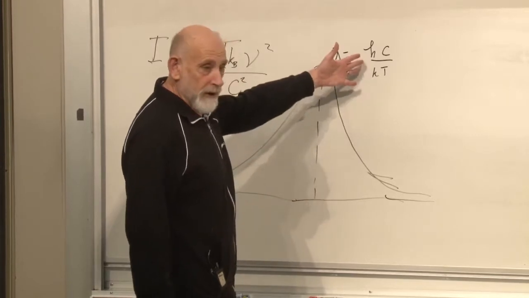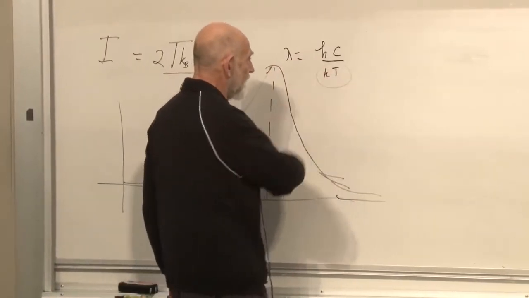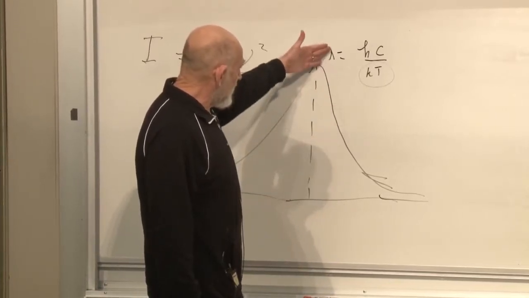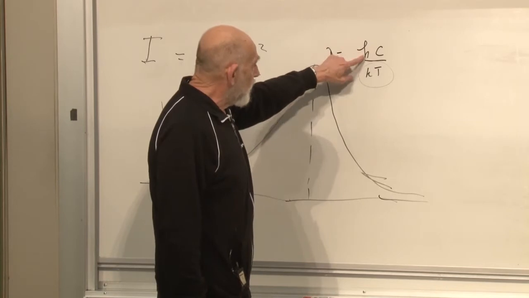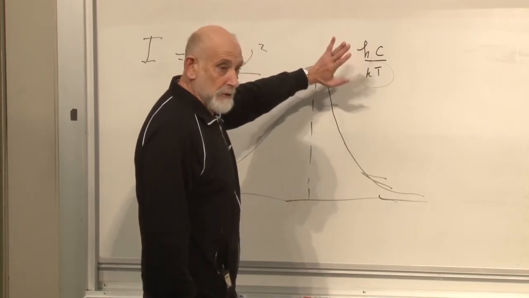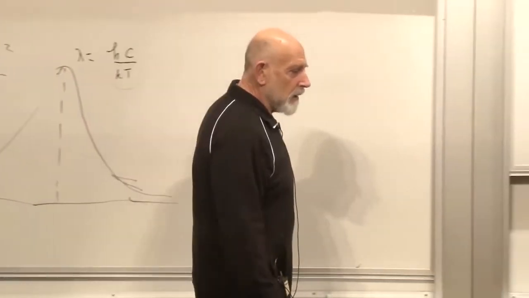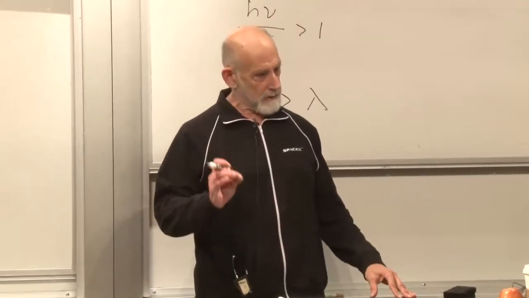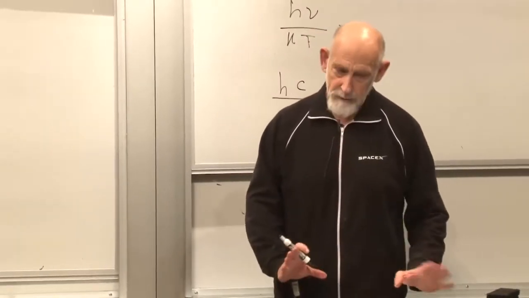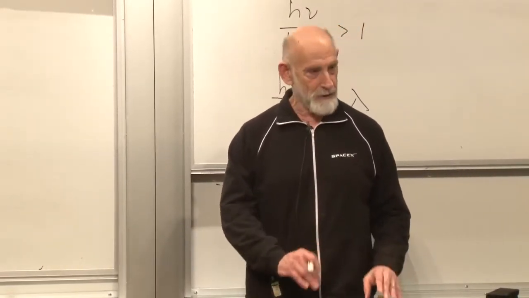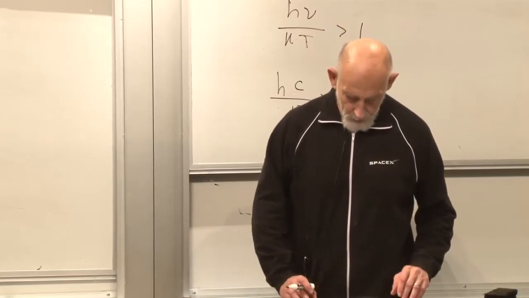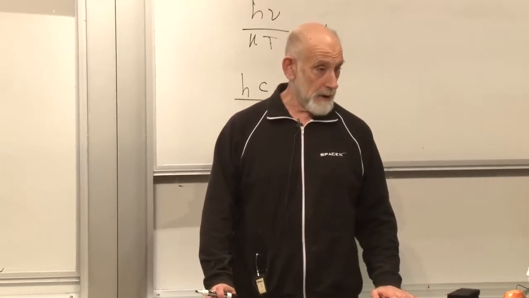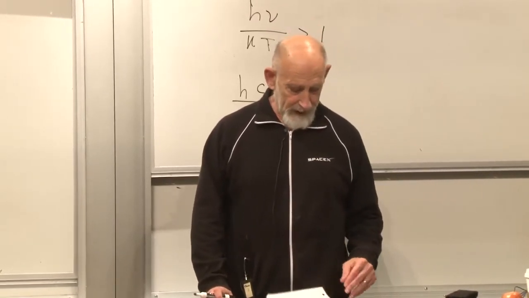K was nothing new. Everybody knew that K and temperature go together by that time. Speed of light was known. And so the displacement law, which said that lambda goes as 1 over the temperature, was parametrized by a new constant called h. So the most important part of what Planck did was just to identify this constant. And this was much deeper than it sounds. He also recognized that it had something to do with harmonic oscillators, but he had the wrong idea.